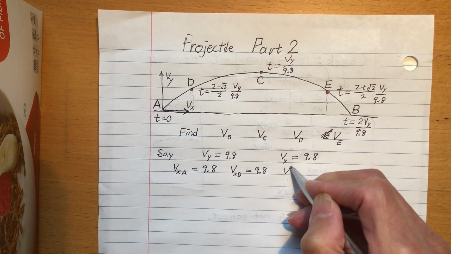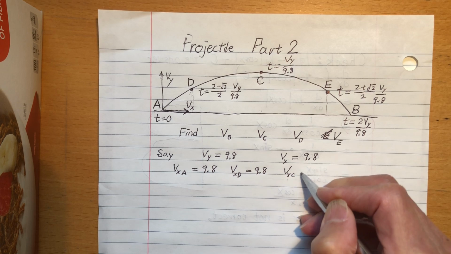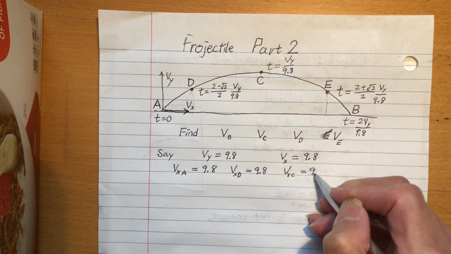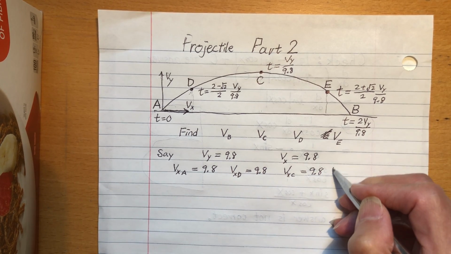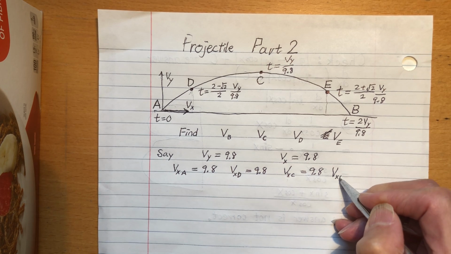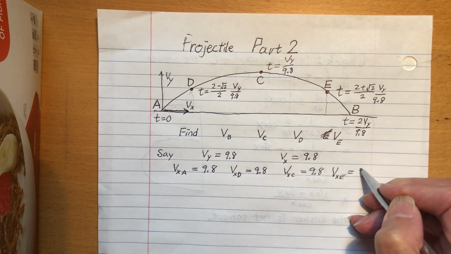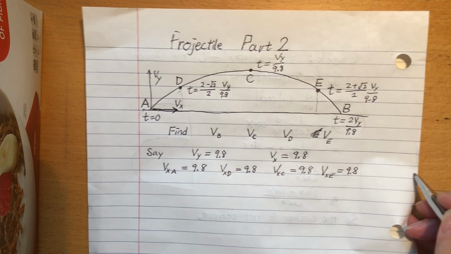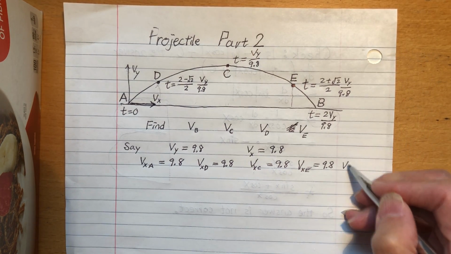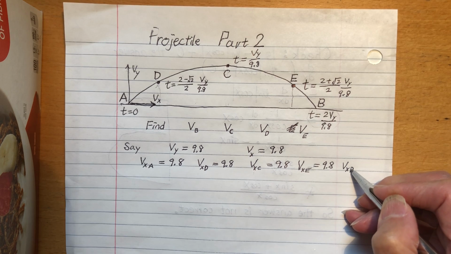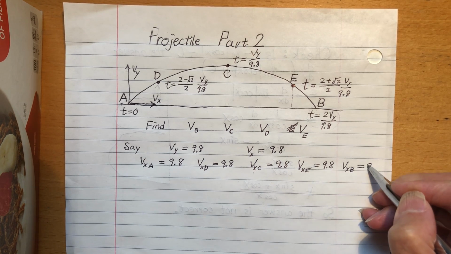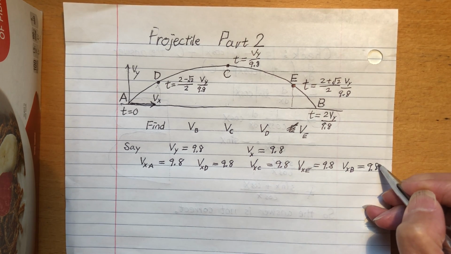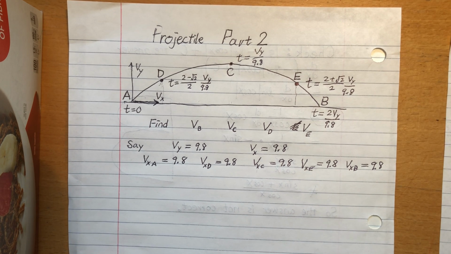Similarly, Vx at point C is 9.8, and Vx at point E is 9.8. And Vx at point B is also 9.8 because the x component of velocity does not change.